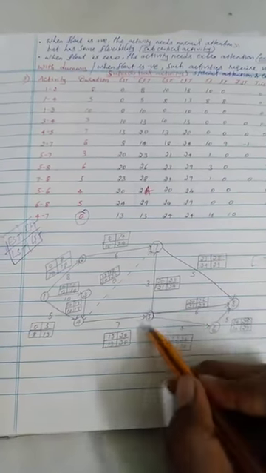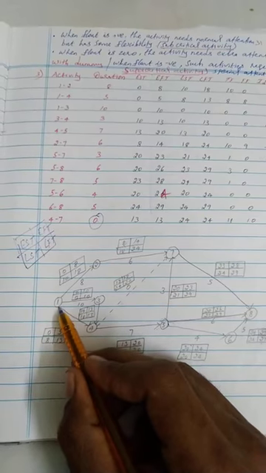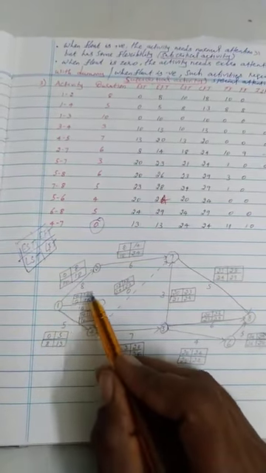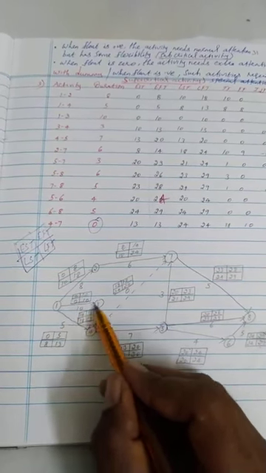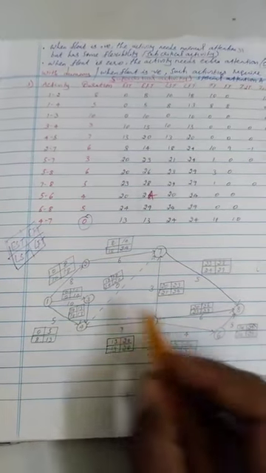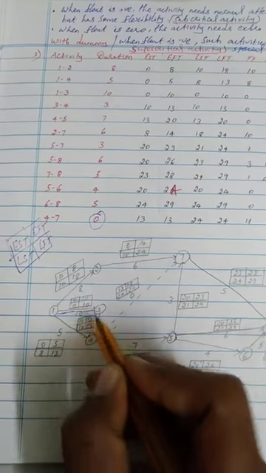Likewise, you proceed up to event 1. At one point, EST, EFT, LST, LFT should be the same. That path is taken as the critical path, and its duration is the critical duration. Now I'm showing how to identify this critical path. So 1, 2, 3.